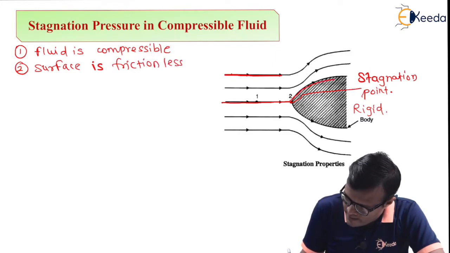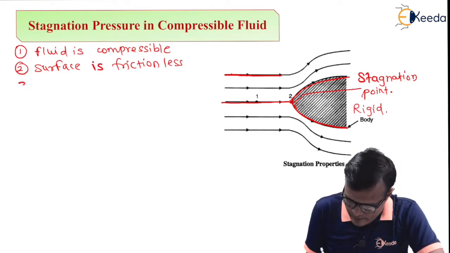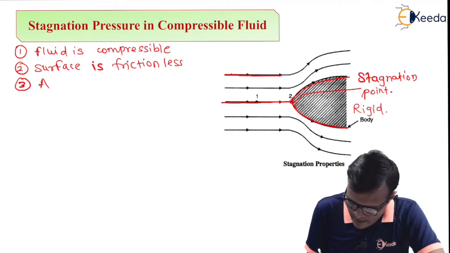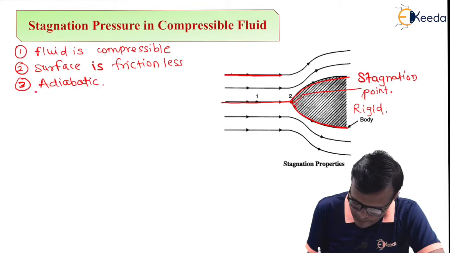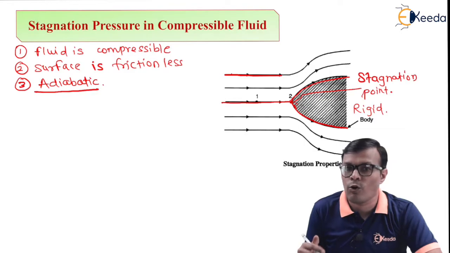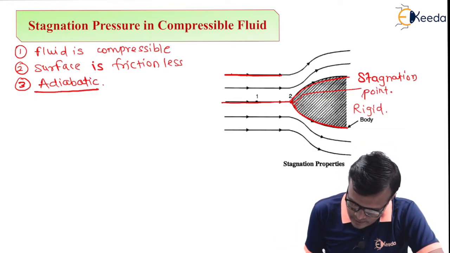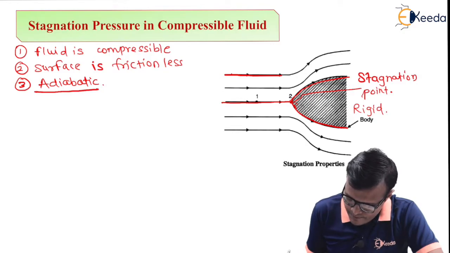This surface is very smooth is our assumption, so that we are neglecting the various losses occurring due to friction. Third assumption is that conditions are adiabatic, meaning no entry of heat or exit of heat from the system. So these three are the assumptions.